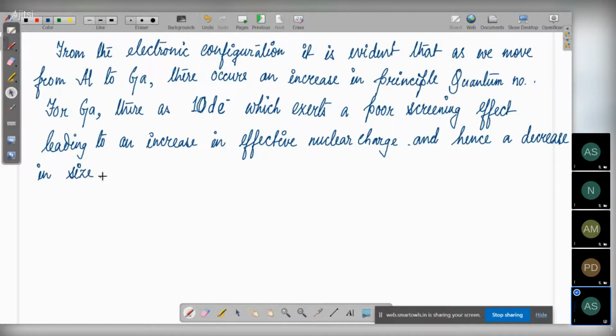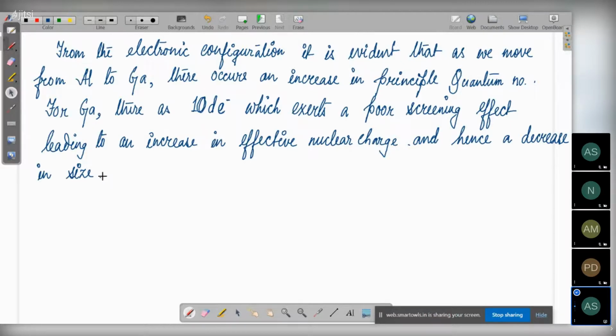So if you see, two factors are working over here. From aluminium to gallium, we see that the principal quantum number increases. And if the principal quantum number increases, what will happen? Atomic size should increase.